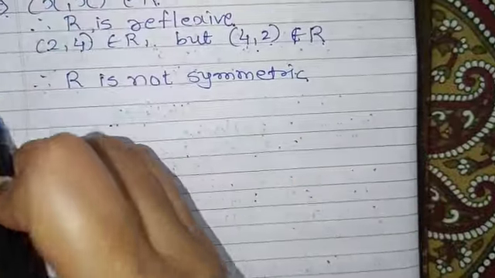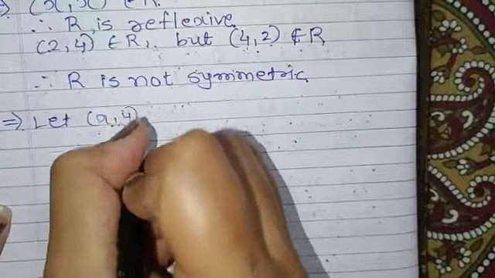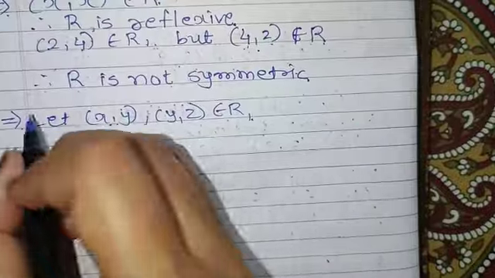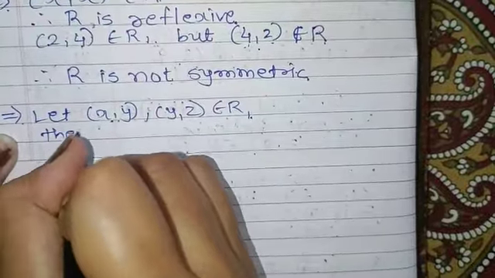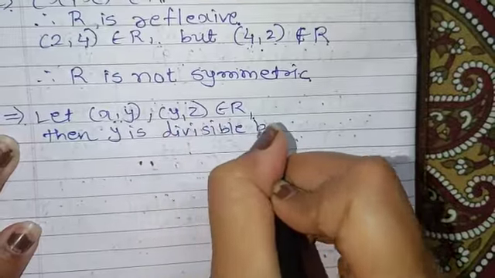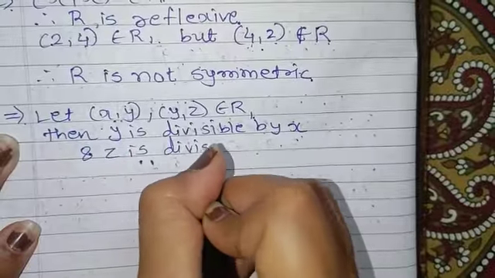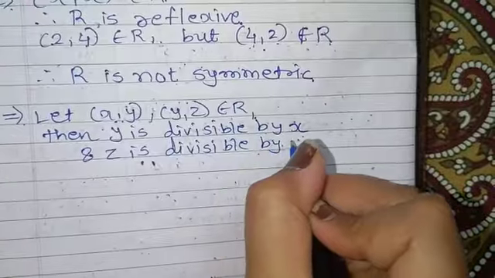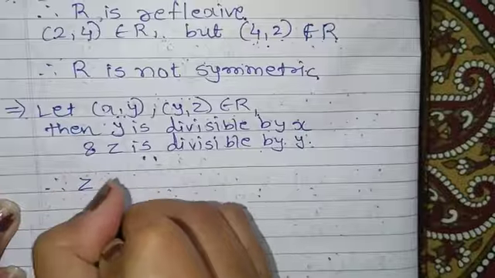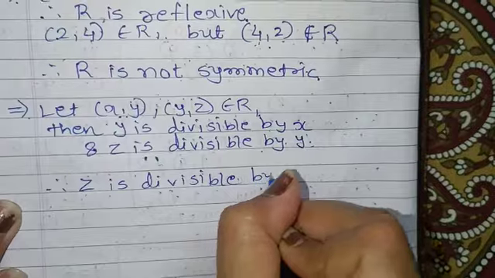Next, the third property, transitivity. Let (x, y) and (y, z) belong to R. Then y is divisible by x and z is divisible by y. Therefore, z is divisible by x.